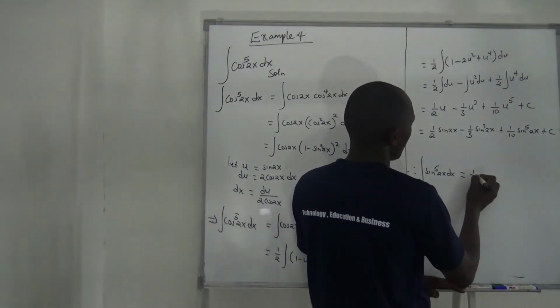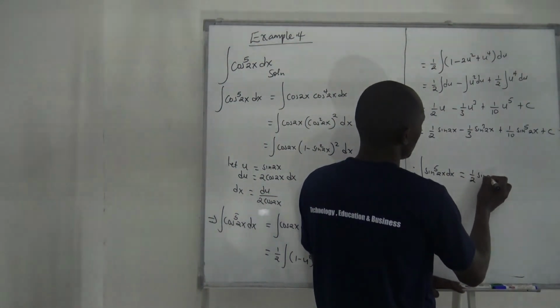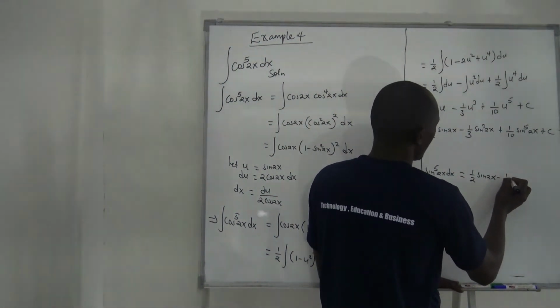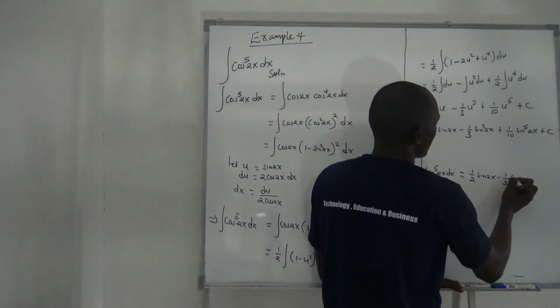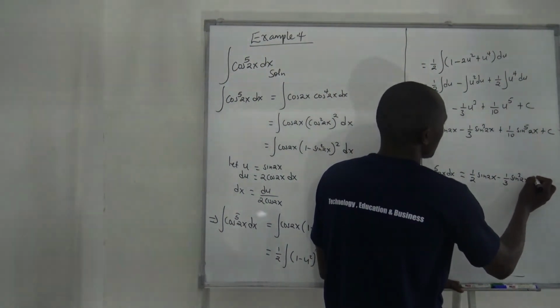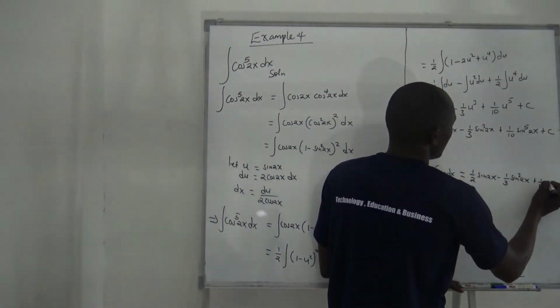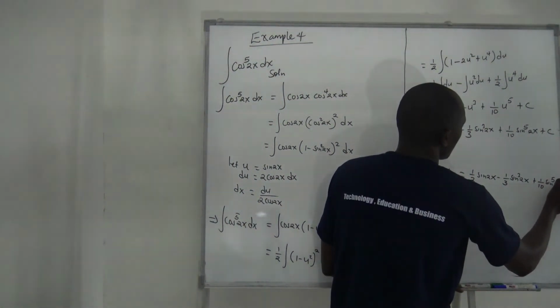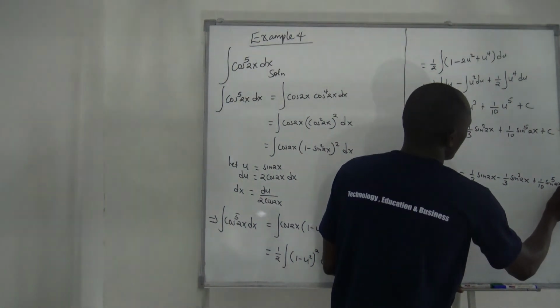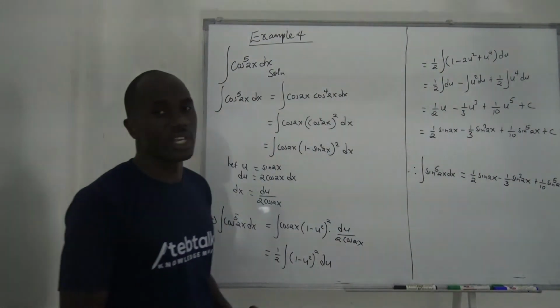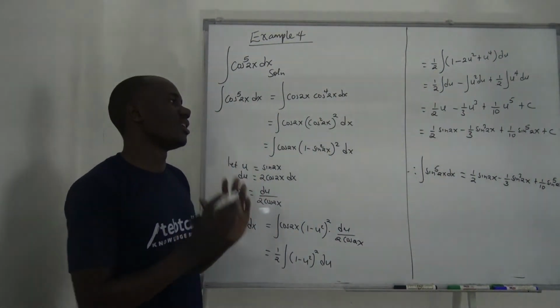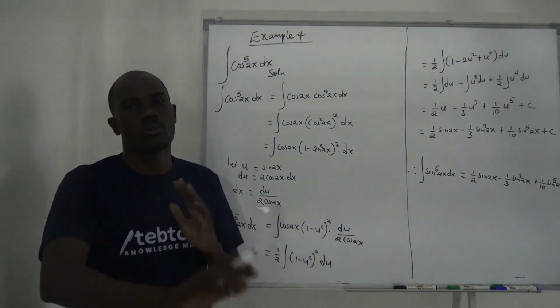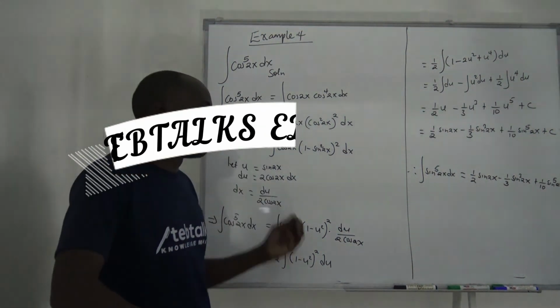We say a half sine 2x minus a third sine cubed 2x plus 1 over 10 sine power 5 of 2x plus the constant of integration. Never forget the constant, even if the power is being raised.